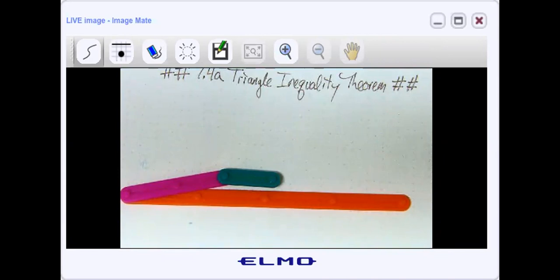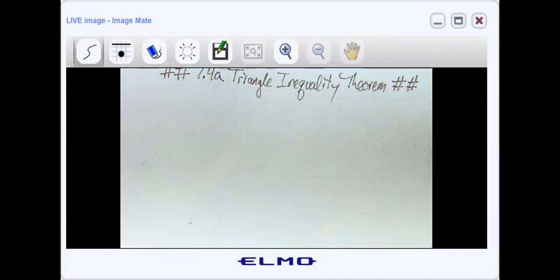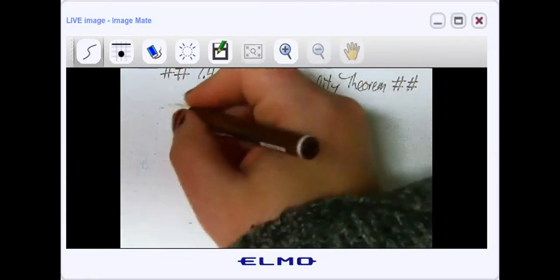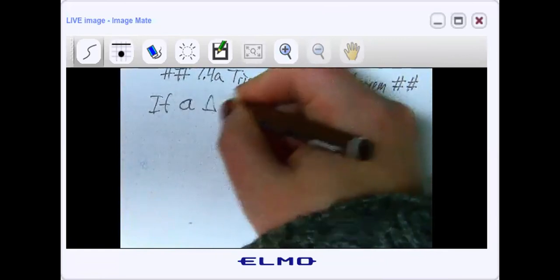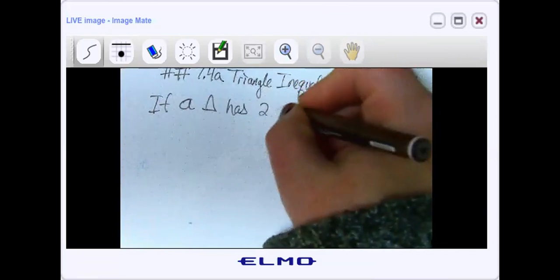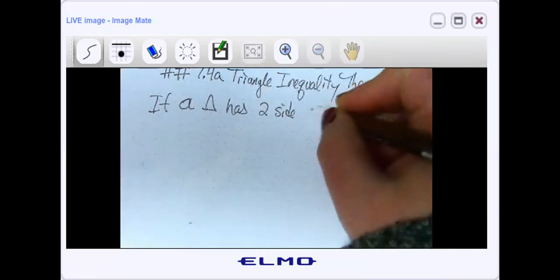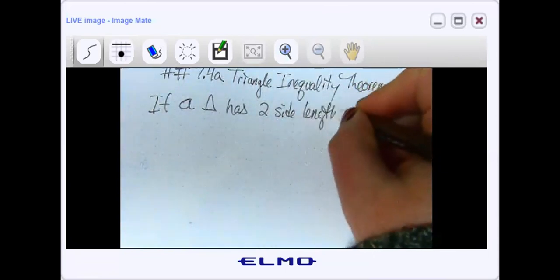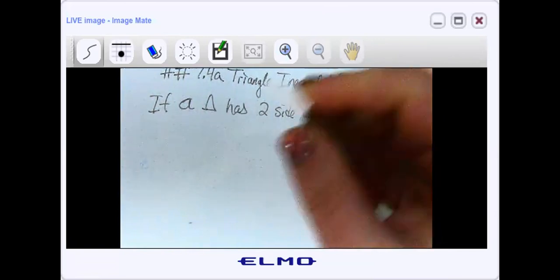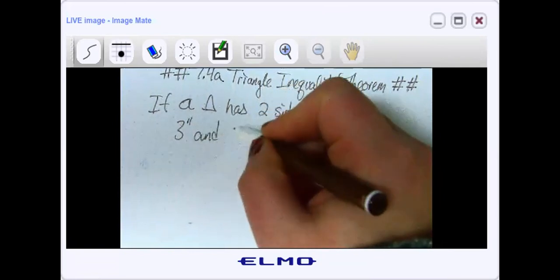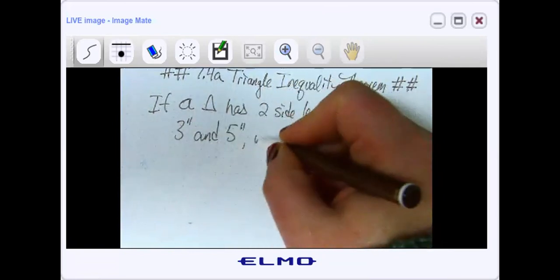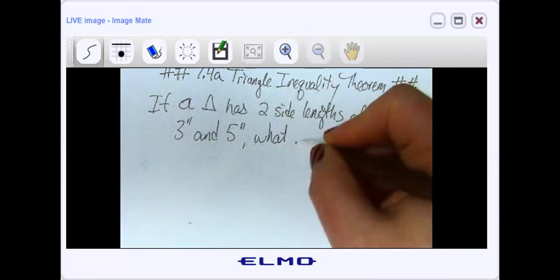But before I tell you it, I want you to see if you can figure it out. Let's say I had 2 side lengths. If a triangle has 2 side lengths of, let's say, 3 inches and 5 inches, what could the third side be?